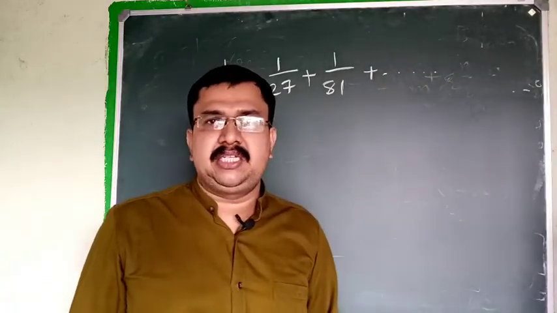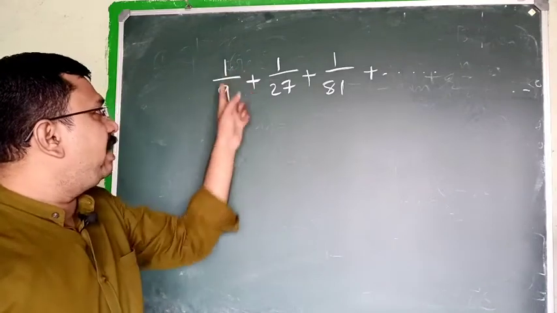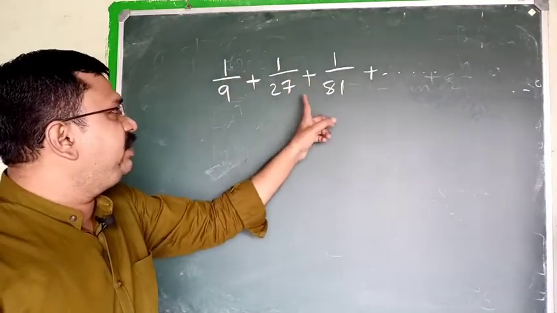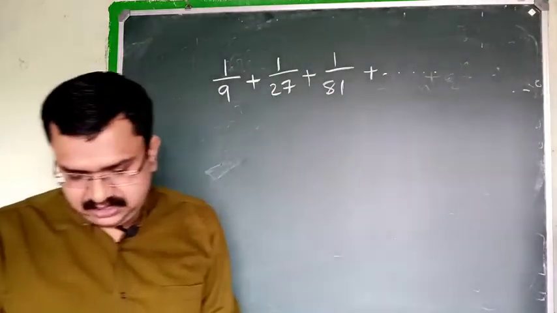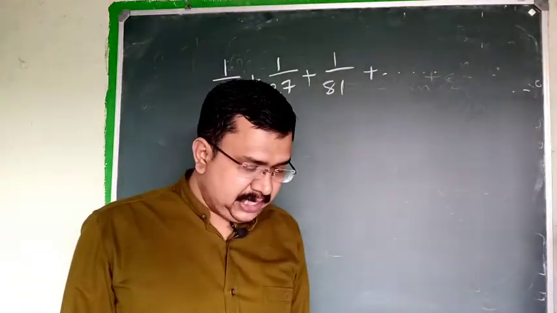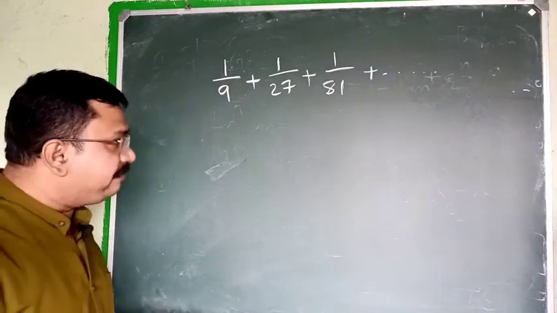Then find its sum. The question is: 1 by 9 plus 1 by 27 plus 1 by 81 plus etc. converges, and find its sum.